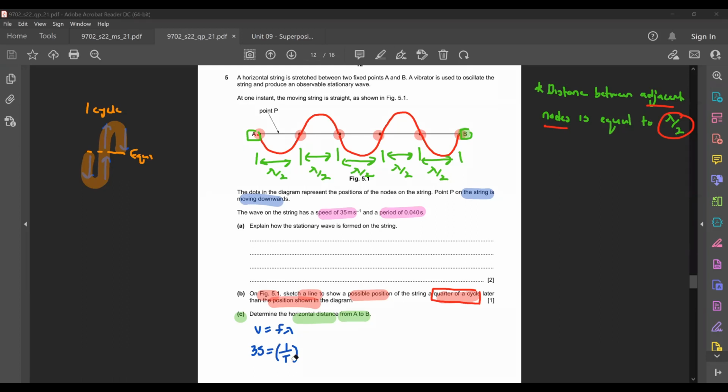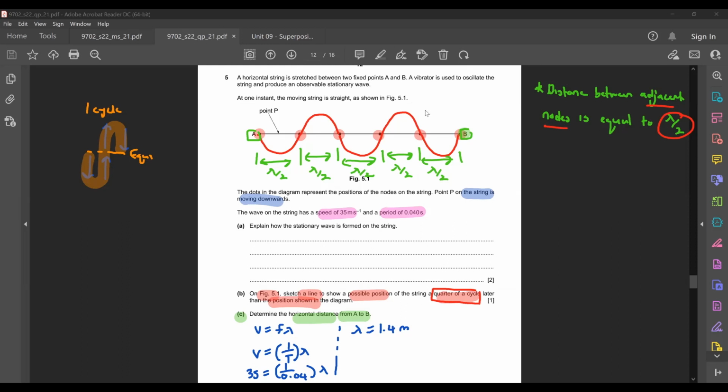So let me just rewrite this, sorry, as v equals the reciprocal of your period times lambda. Before subbing in your values, this will be 35 equals 1 over 0.04 times lambda. So in our case, lambda would be 35 times 0.04, giving us 1.4 meter.